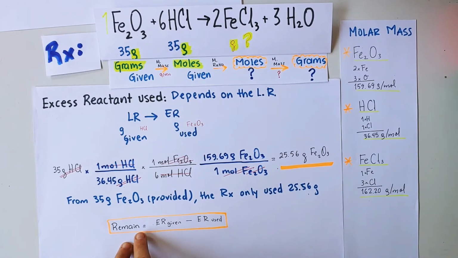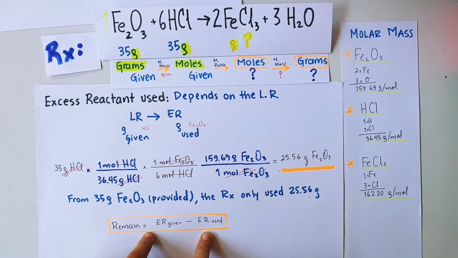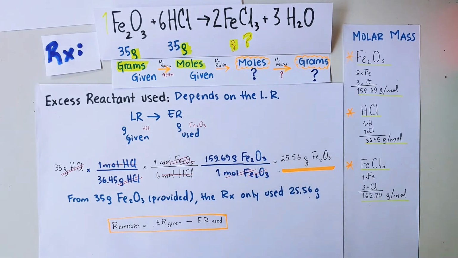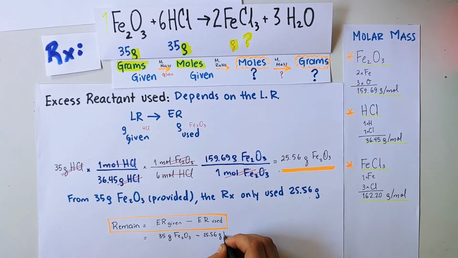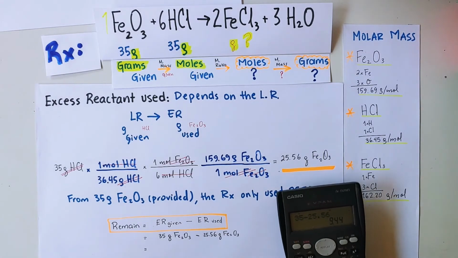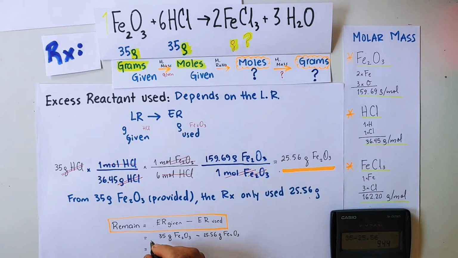The remain comes from the subtraction of the excess reactant given, which is 35 grams, and the excess reactant used, the 25 grams. So we just perform that subtraction as 35 grams of Fe2O3 minus the 25.56 grams of the same substance. When you perform that in your calculator, you're going to have 9.44.